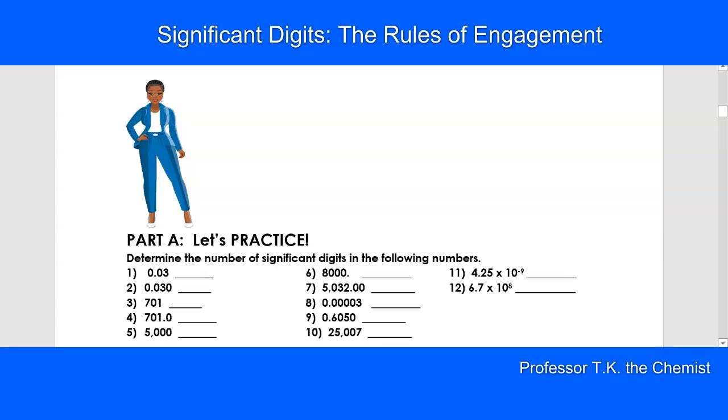So in this first example of 0.03, you only have 1 significant digit. Look at the next one. 0.030. The 3 and the 0 that comes after the 3 are the only two numbers that are significant.